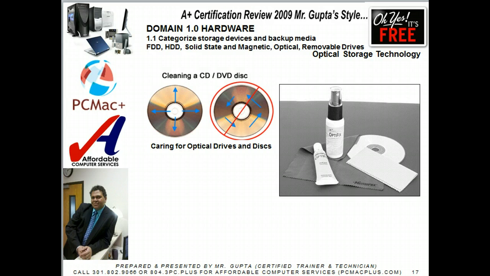CD-ROM, DVD-ROM, and other disc drive cleaning. Why? A dirty CD-ROM or other disc drive can cause read errors when reading a disc. These read errors could cause software installation issues or issues while running the program. What is the procedure?